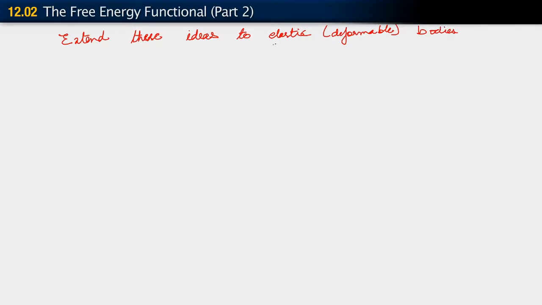Okay. And in particular, of those few examples I put up a couple of slides ago, we are going to study the case of what it means for a body to be in elastic equilibrium, or mechanical equilibrium.